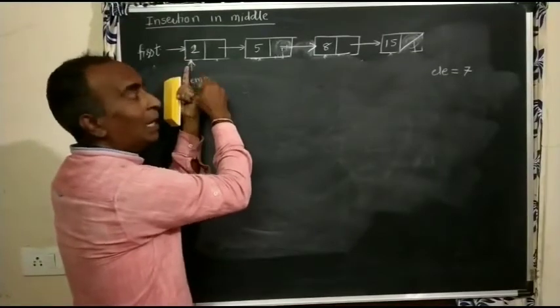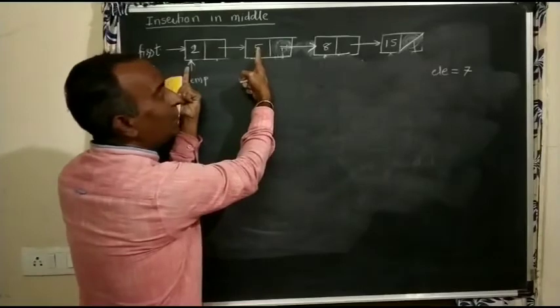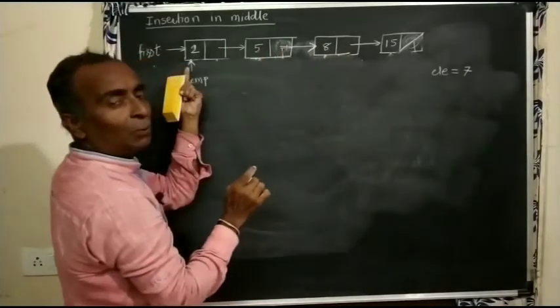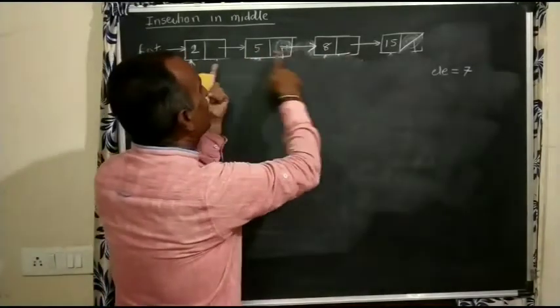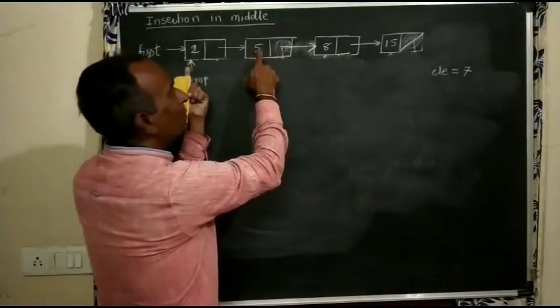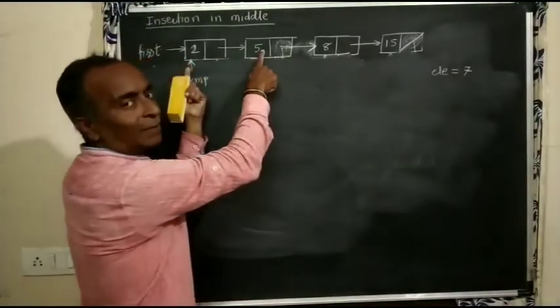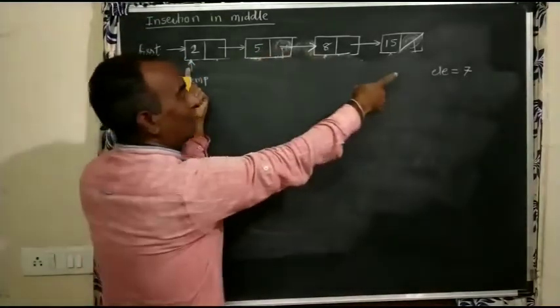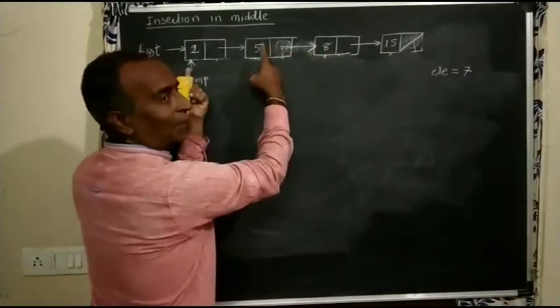Suppose I want to insert 7 now. Temp is here and I should compare the next node's information and the information to be inserted. What is the relationship? This is 5, this is 7. This information field is less than the element to be inserted, right? That is greater, which means that 7 should definitely be after this.